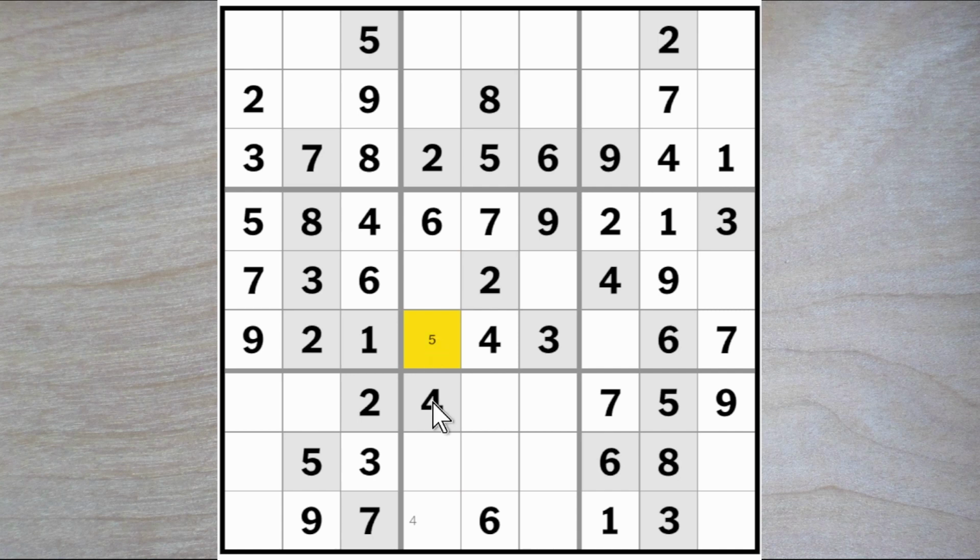This is a 5, 8, and this is a 5, 8. And therefore, this cannot be a 5 or an 8. Therefore, it must be a 1. Here now a 5, 8 and a 5, 8.